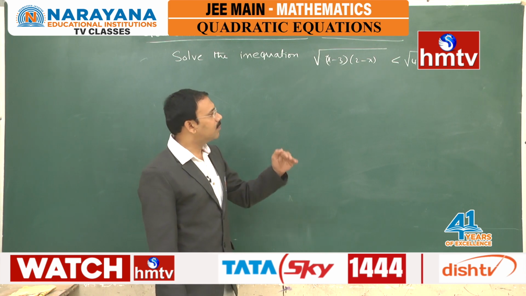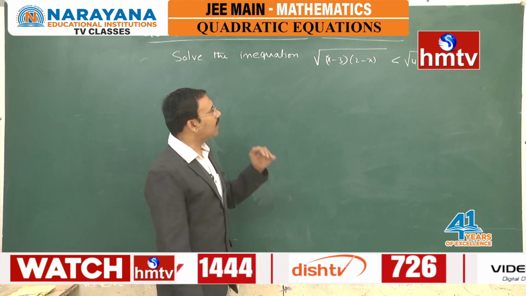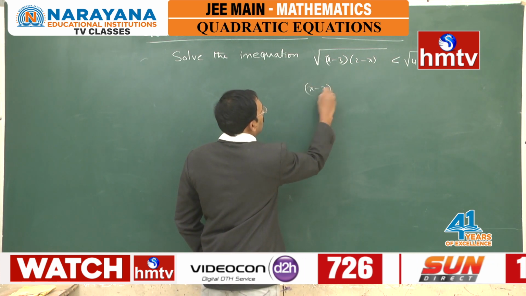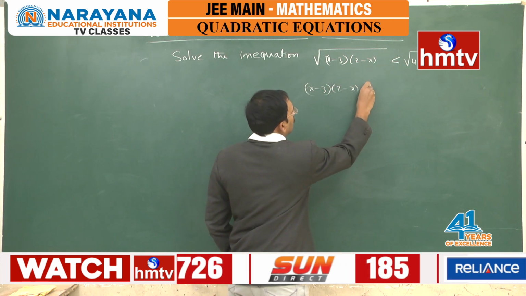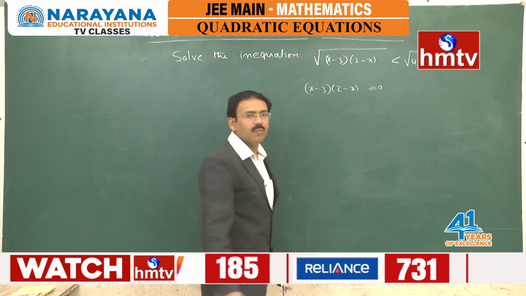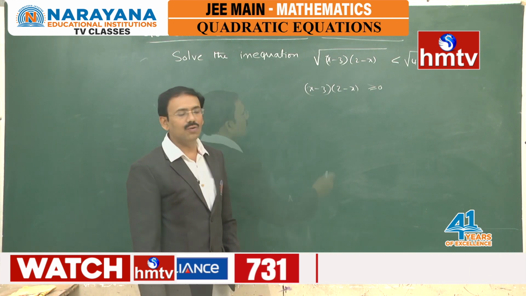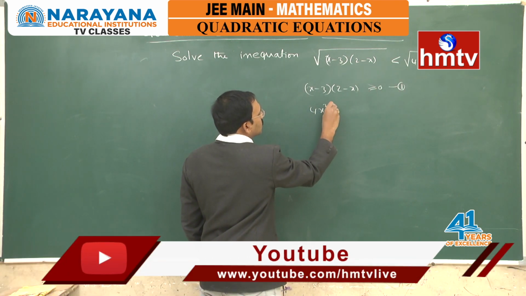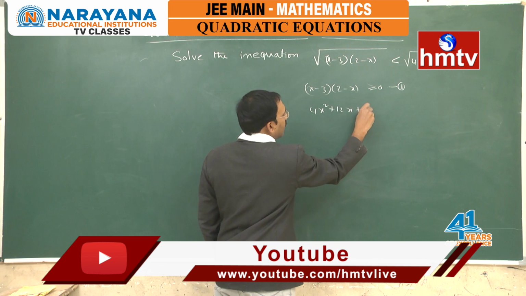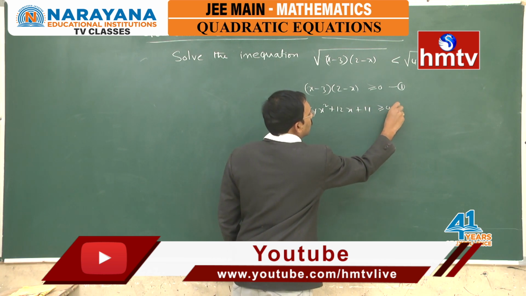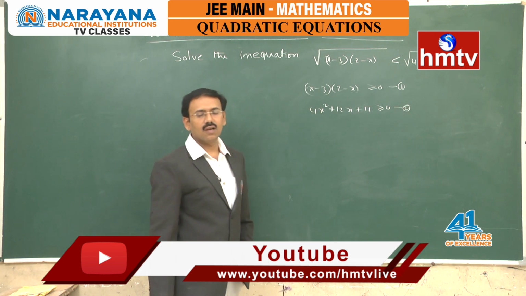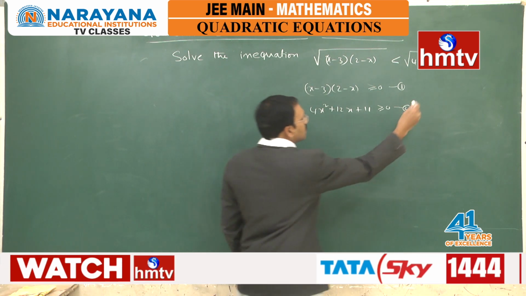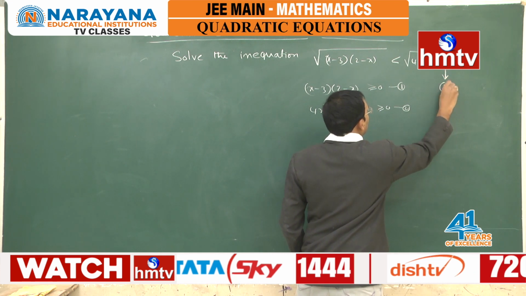So, here before we proceed, we have to take such x where (x minus 3) into (2 minus x) is greater than or equal to 0, because it is the input of a square root, condition 1, whereas second, 4x square plus 12x plus 11 must be greater than or equal to 0. This is condition 2, and the given inequation is condition 3.